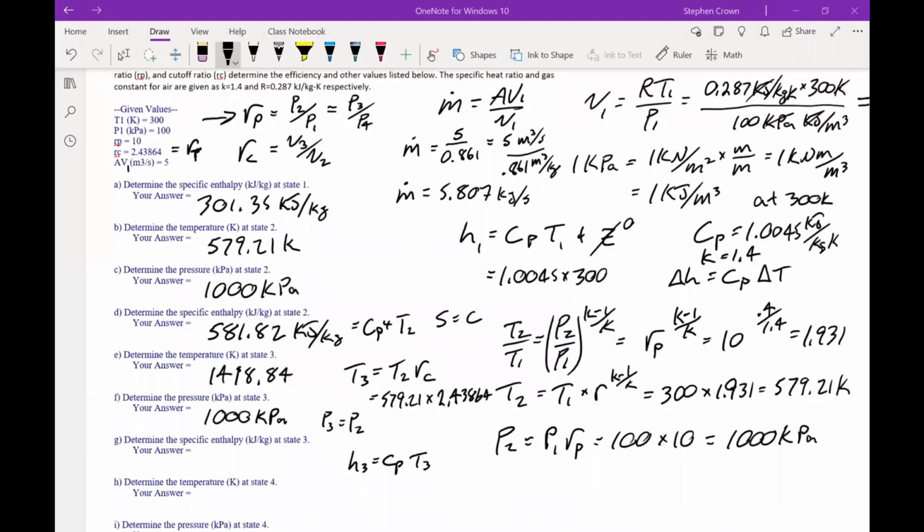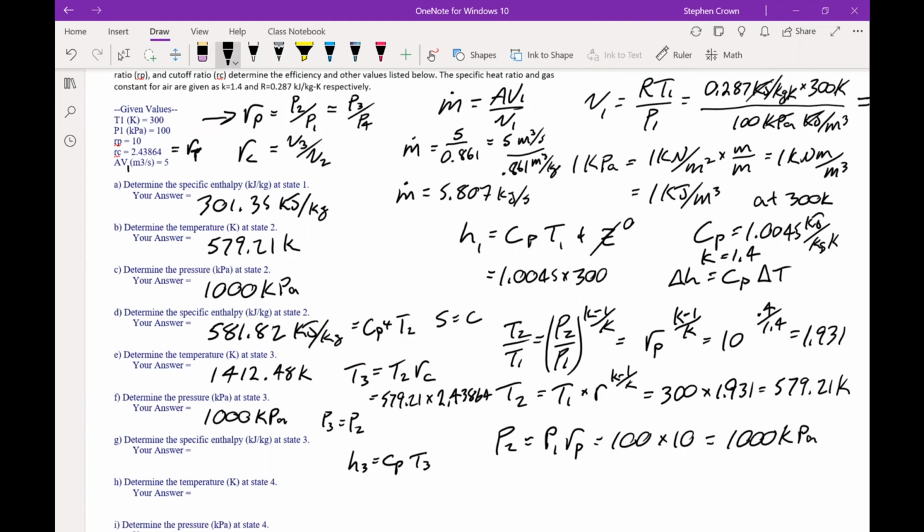Noticed a slight discrepancy in my T3, so let me just correct that. When I did that again, 579.21 times 2.43864, I get almost what I had written there, but 1,412.48.